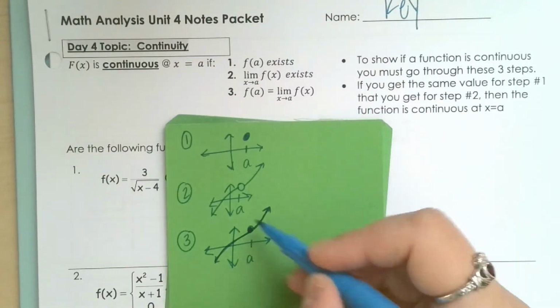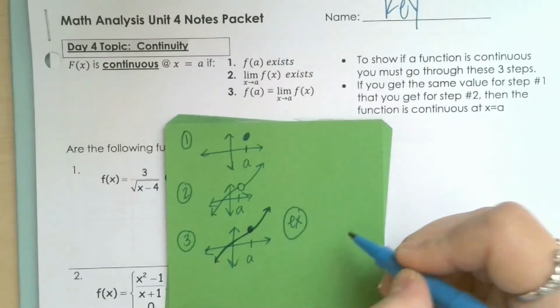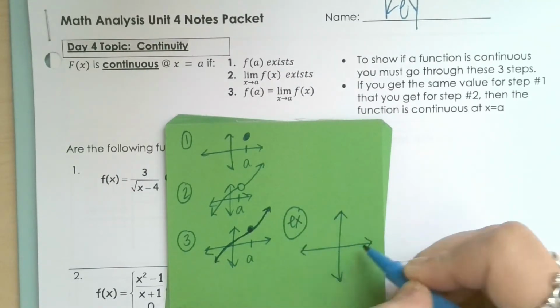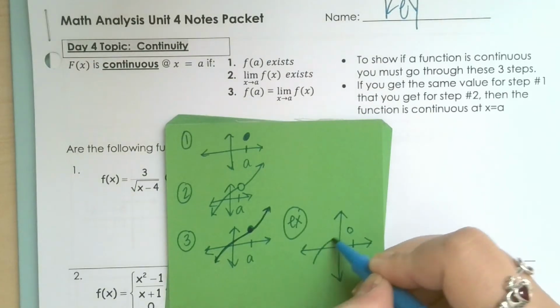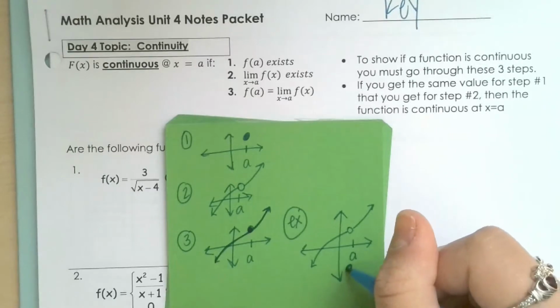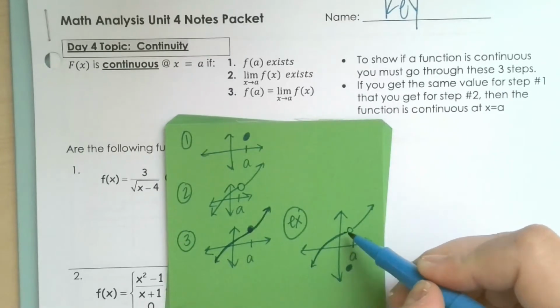An example of something that would not be continuous will look kind of like this. So we have our graph, and we're going to have our little a value. Let's say this is our limit. So the limit exists, right? But our f of a is all the way down here. So if we go to draw this, we can't keep going.